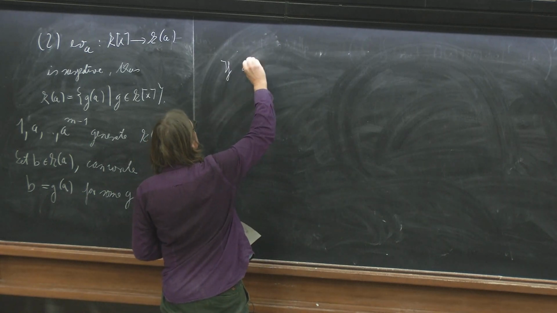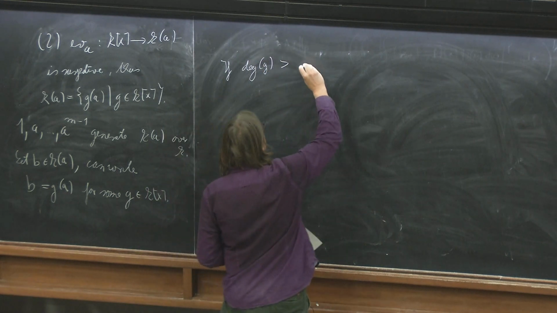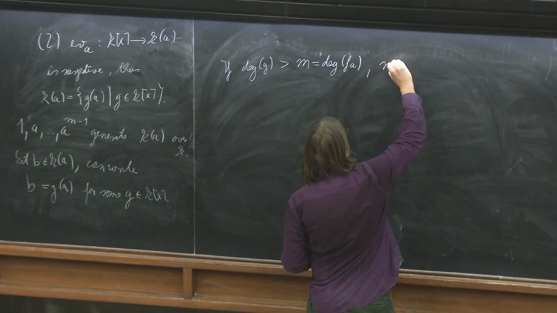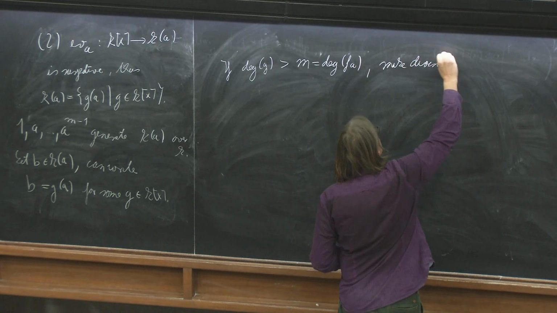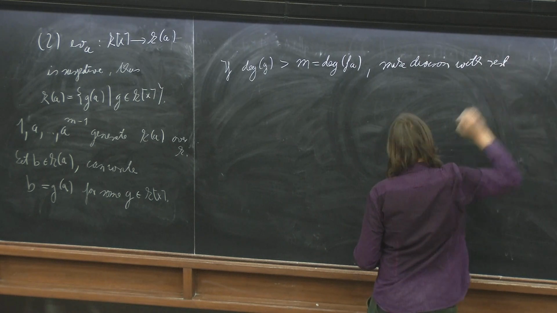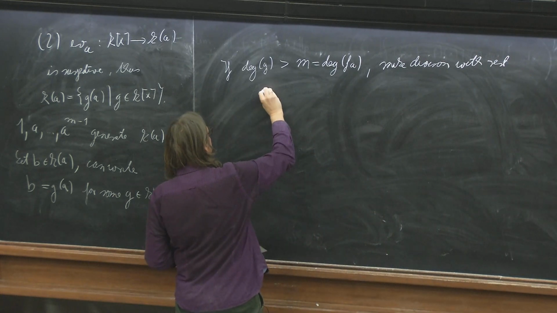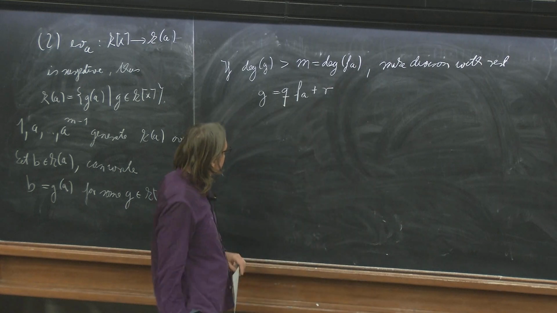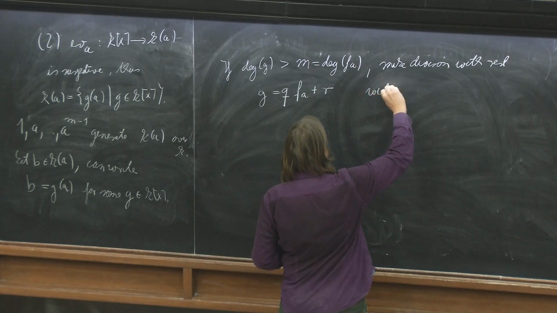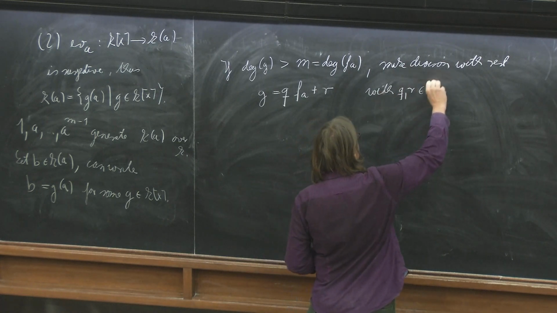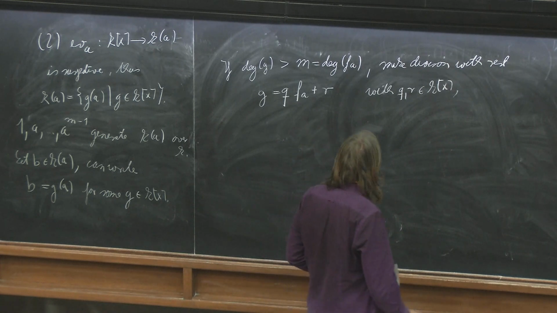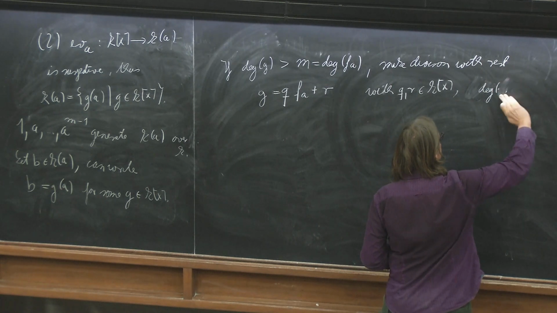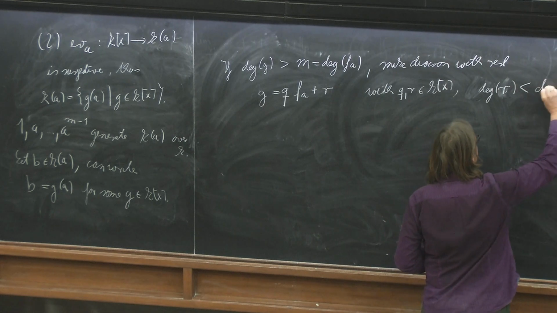So if the degree of g is bigger than m, which is the degree of f_A, we make a division with rest to find that we can write g equal to q times f_A plus r, with q and r some polynomials, and the degree of r smaller than the degree of f_A.